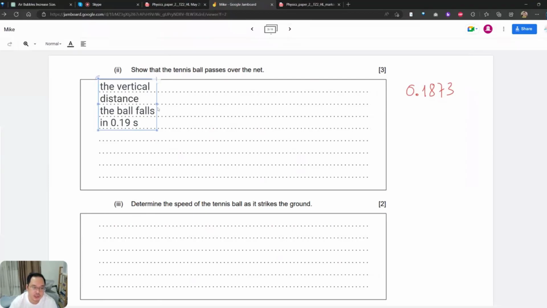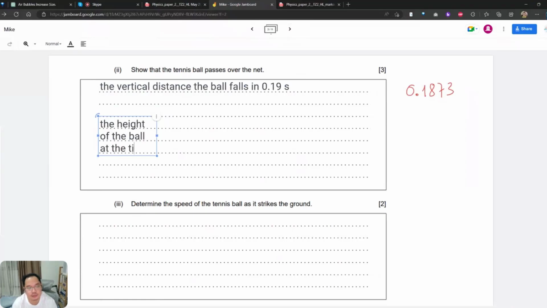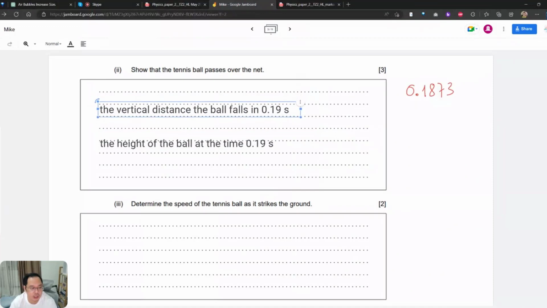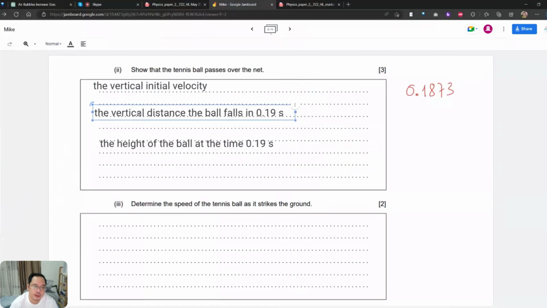That's the first step. The second step is the height of the ball at that time. And finally, the conclusion. Or you can involve another first step, calculating the vertical initial velocity, which is 64 times sine of 7 degrees.